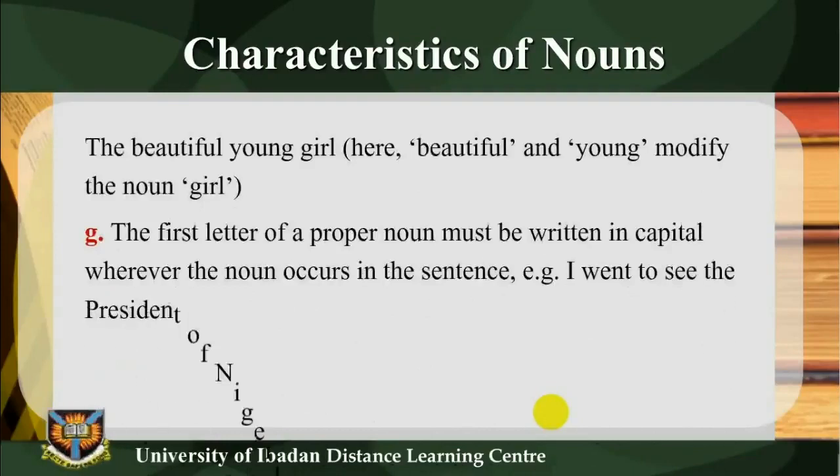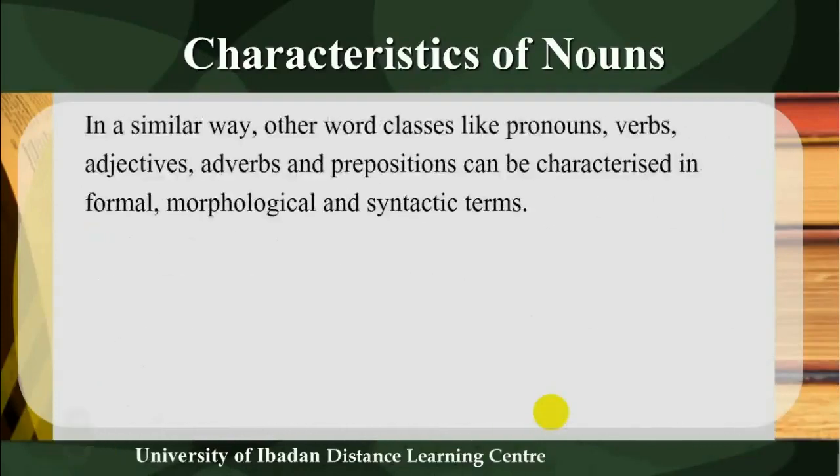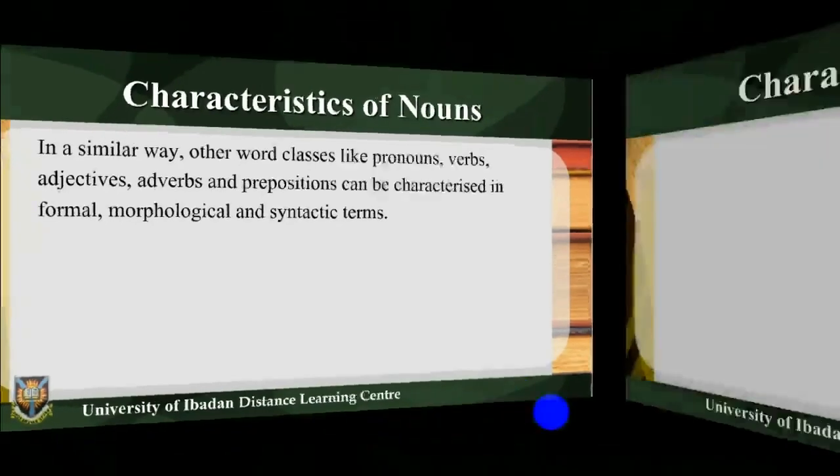G. The first letter of a proper noun must be written in capital wherever the noun occurs in the sentence. Example, I went to see the President of Nigeria. In a similar way, other word classes like pronouns, verbs, adjectives, adverbs, and prepositions can be characterized in formal morphological and syntactic terms.